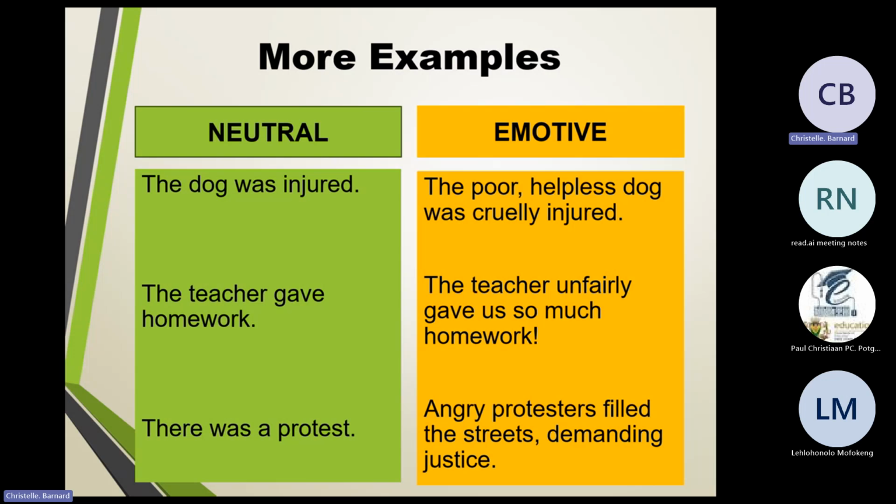You feel anger. Someone makes you angry. So that's an emotive word. Demanding is also a very strong word. So that also, I want to stand on my rights. I want to be treated fairly. I want to be heard. So that also can create a feeling of a certain emotion. So there are more examples.